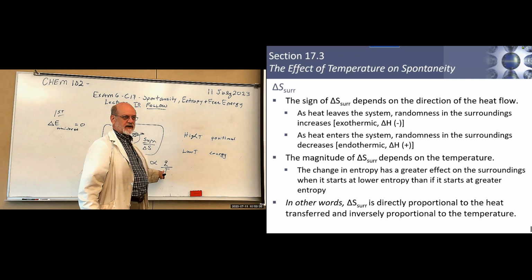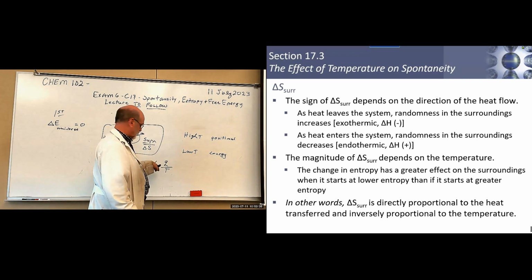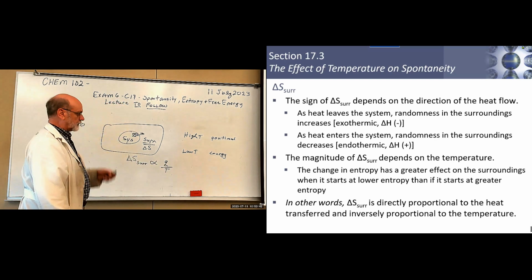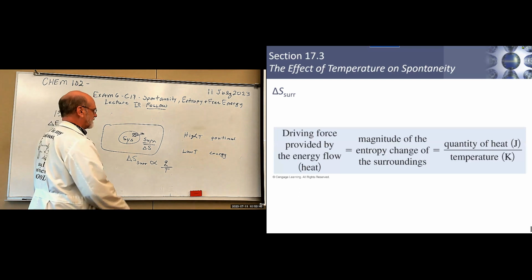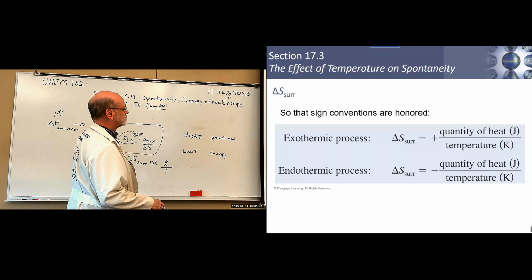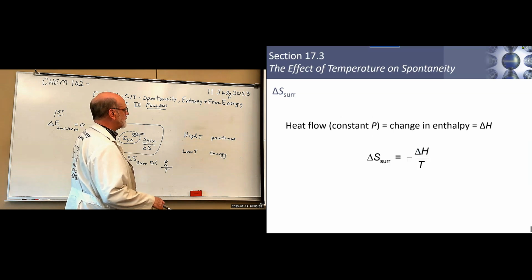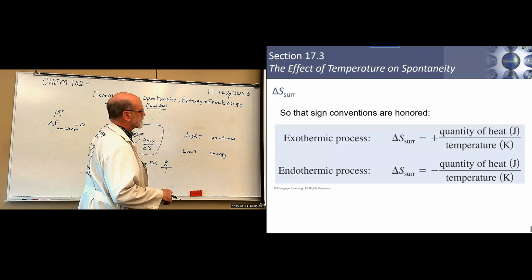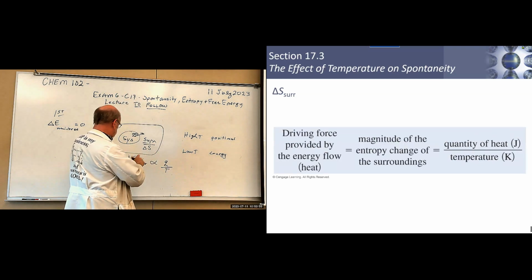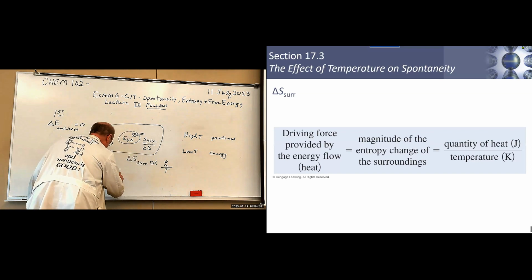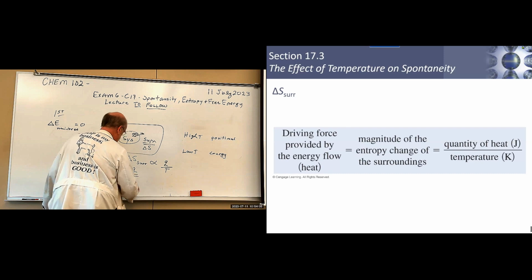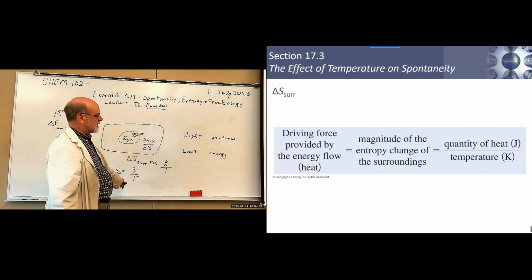So we put that in the denominator. 1 over T would be inversely proportional to temperature. All right, the expression then would be here. Well, the previous two slides, this delta S would be equal to a change in heat divided by a change in temperature.